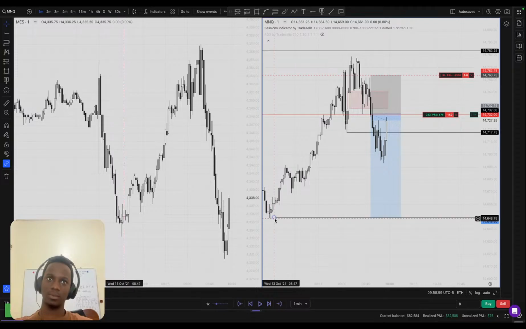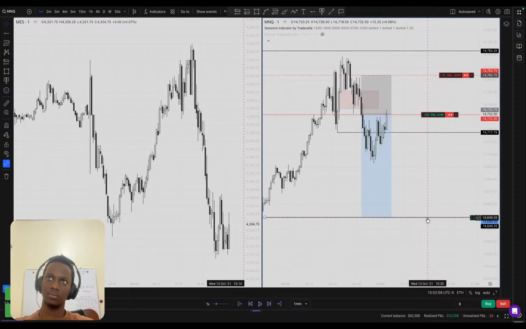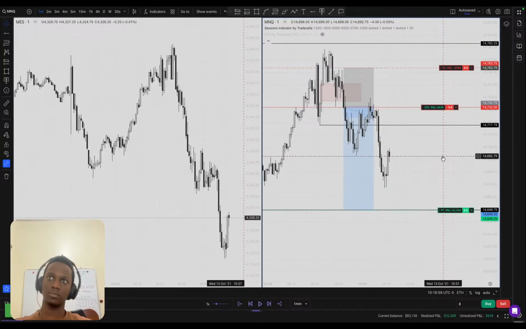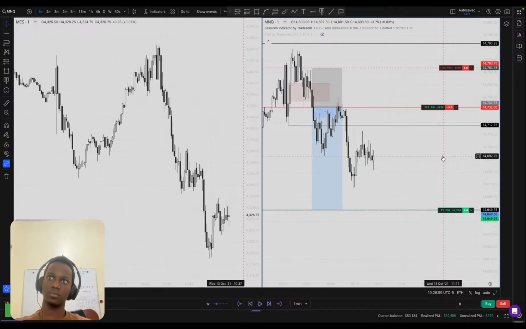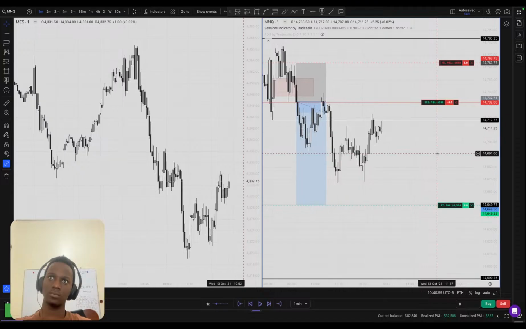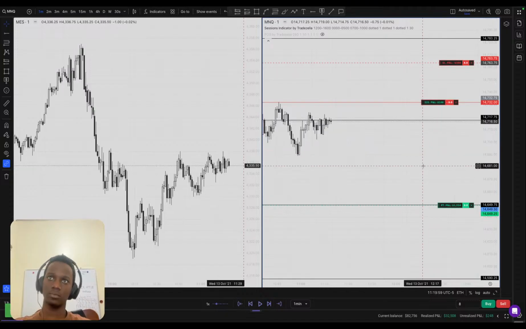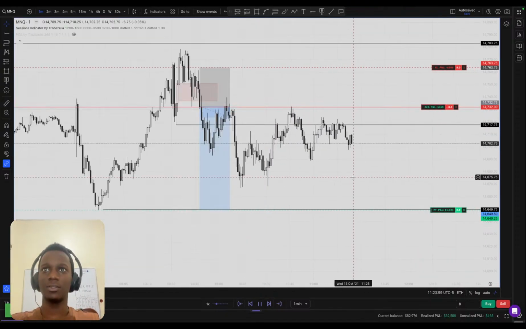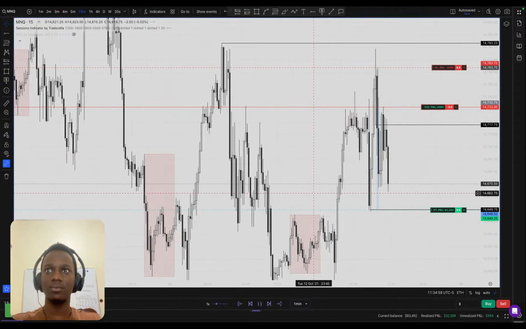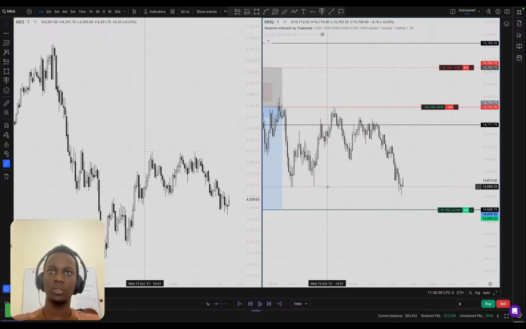I'm gonna close this because take profit was hit by ES. Price has still failed to drop all the way to the low here. So we might as well close it up.